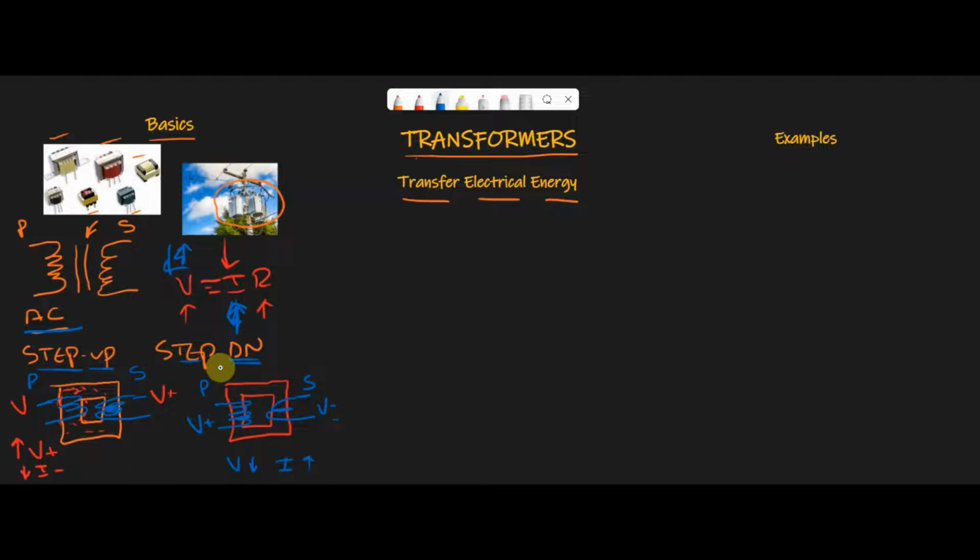So let's look at two examples. The first example is one with a step down. So if it's a step down, I'm just going to draw the core again. There's our core, and we have these wires. And remember, on a step down, we have more coils on this side than we do this side.